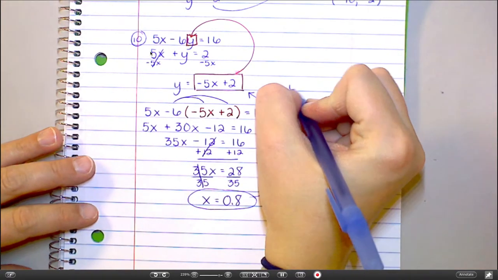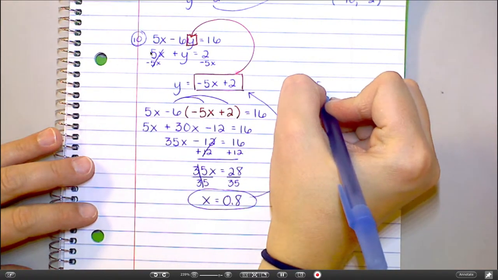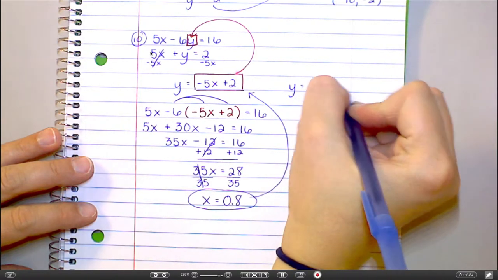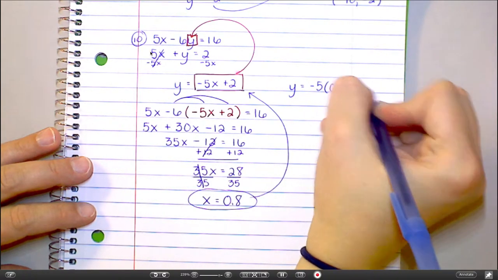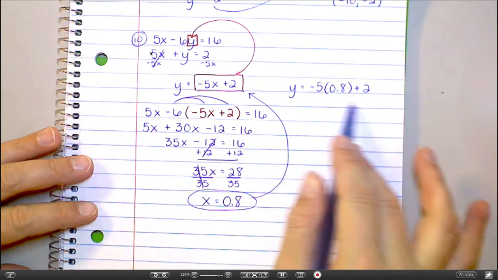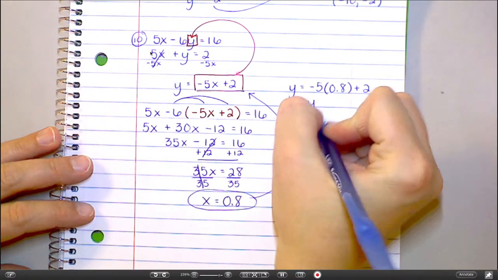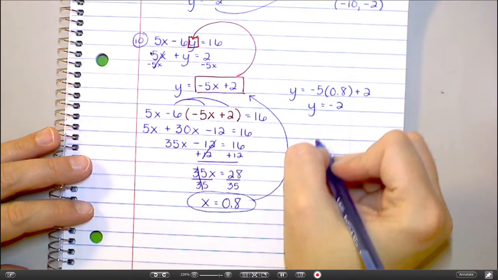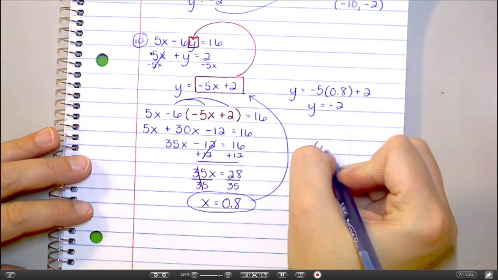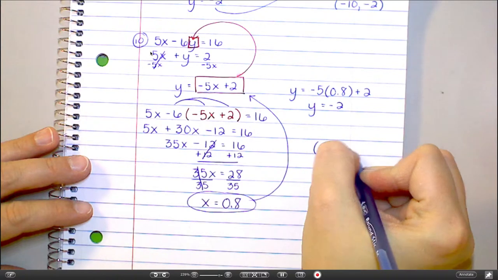So I'm going to have y equals negative 5 times 0.8 plus 2. I think that's going to come out to be negative 2. Is that right? So y equals negative 2. And so your final coordinate would be 0.8, comma, negative 2.